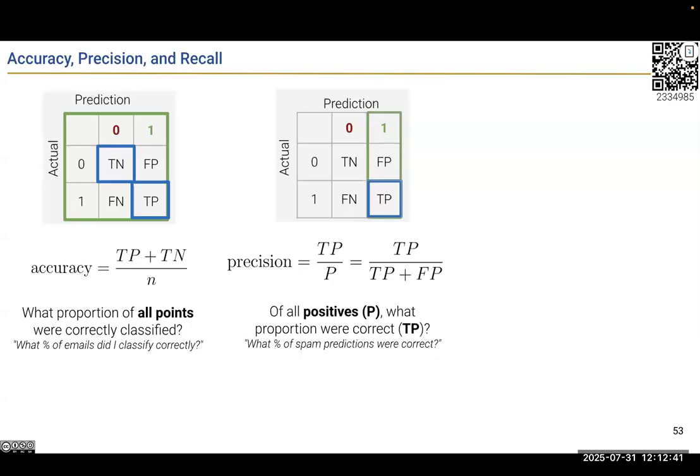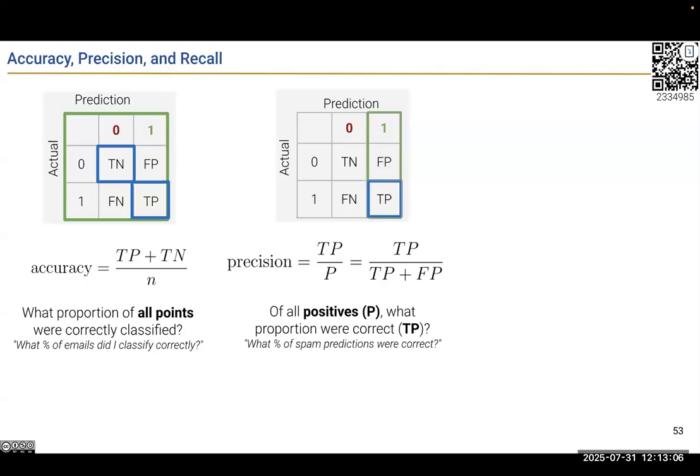For the spam example, what is the percentage of emails predicted as spam that are actually spam? What percentage of spam predictions are correct? Okay, so that's precision.